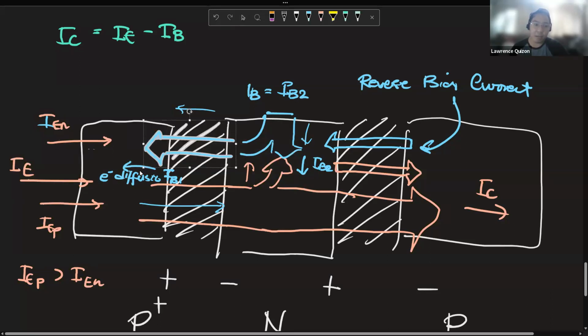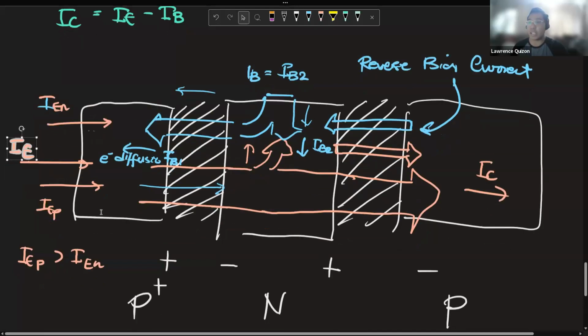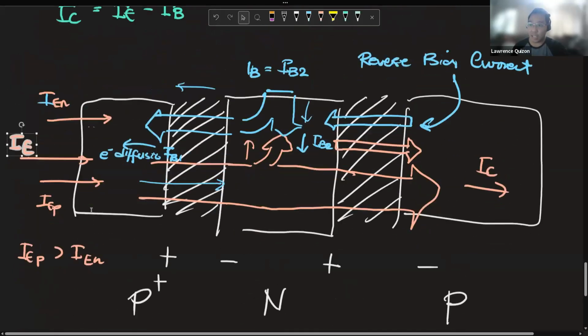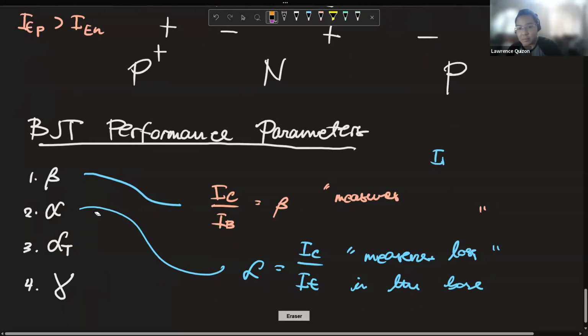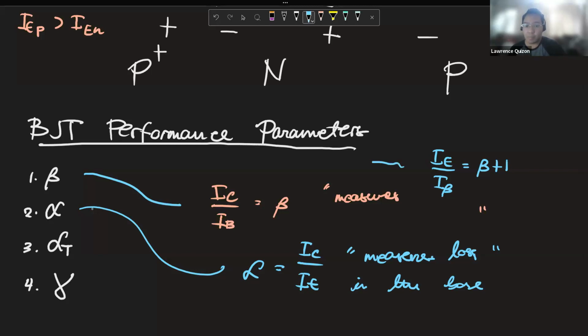This backwards diffusion current also increases as you increase IE, right? So then IB and IE are also related by a constant of proportionality, which is beta plus 1, right? Which also further leads to the fact that IC over IB is beta.